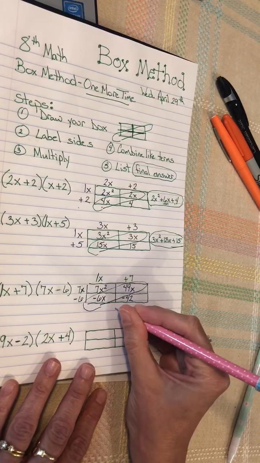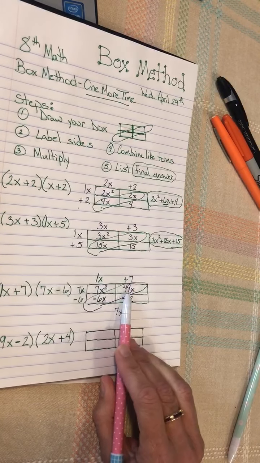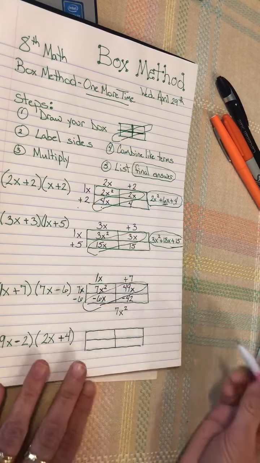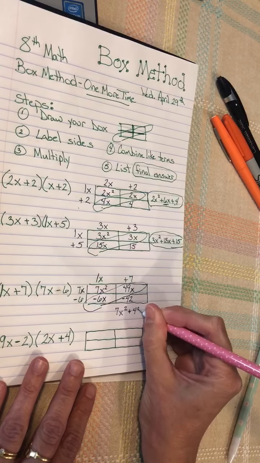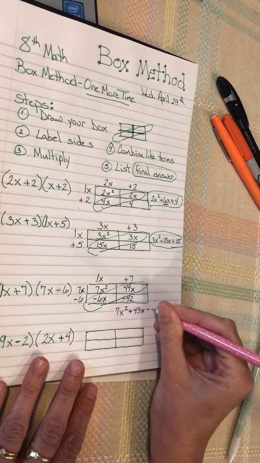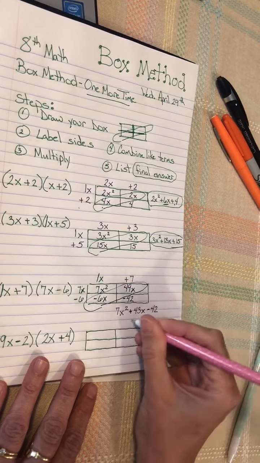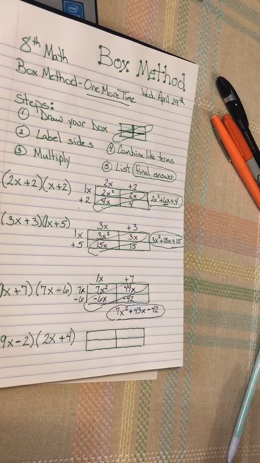All right, so my answer would be 7x squared. A positive 49 and a negative 6 would give me a positive 43x. And then I put my constant down, a negative 42. Circle your final answer.